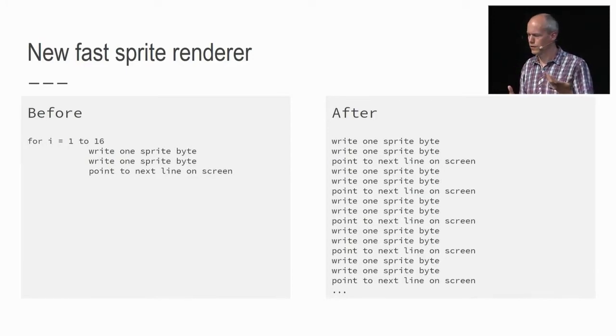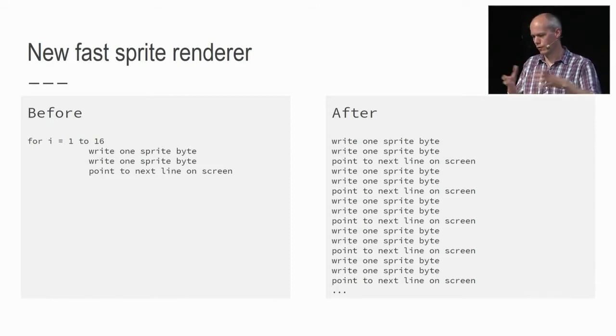On top of that, there's another technique for optimization, which is to unroll the loops. So the old sprite render was doing the equivalent of a loop 16 times. It would write one sprite byte, write the second sprite byte, point to the next line of the screen, decrease the loop counter, go back to the top of the loop. That's okay, but actually you lose a little bit of overhead in managing the loop counter.